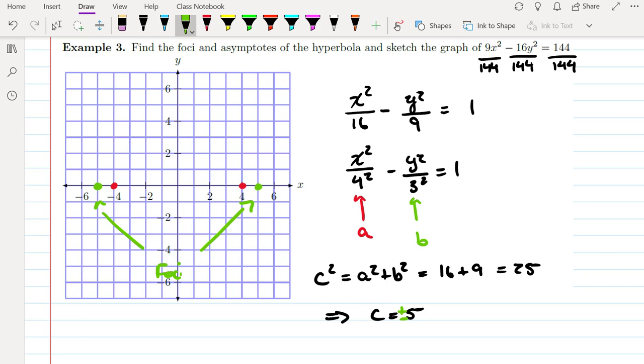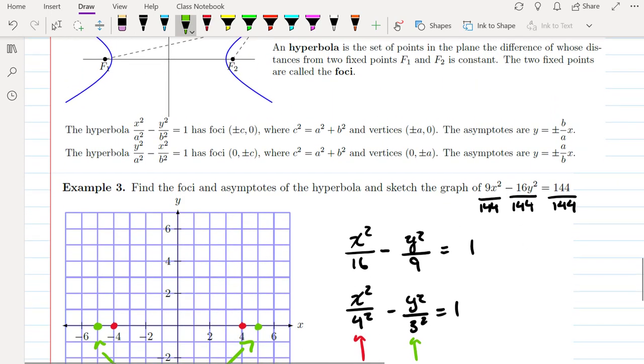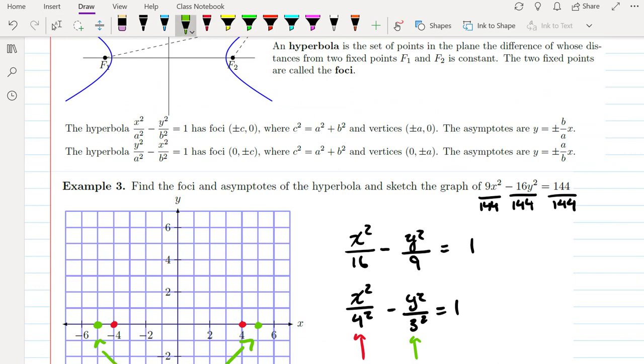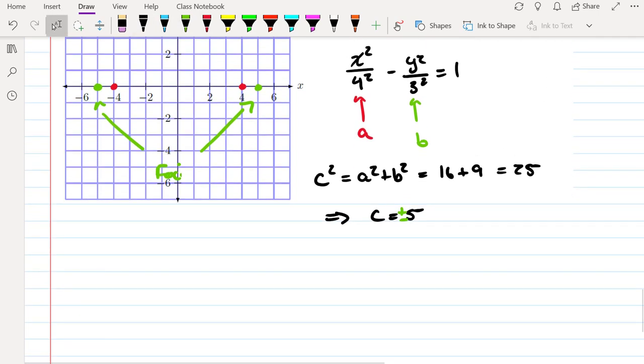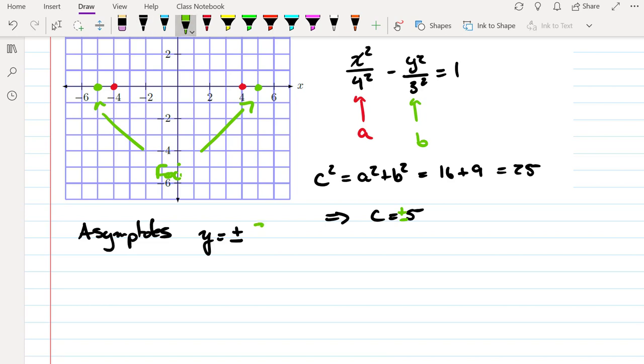So now we know that our asymptotes, since we are in the first case here, are y equals plus or minus b over a. So we're going to have our asymptotes as y equals plus or minus, and then our b is 3, so we're going to get 3 over 4 times x.